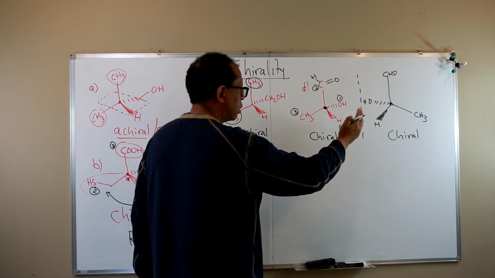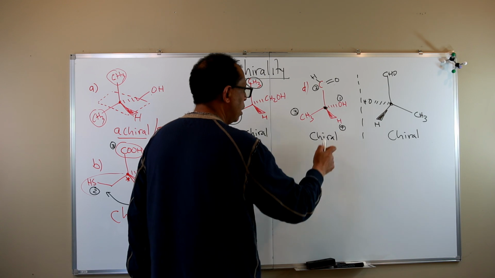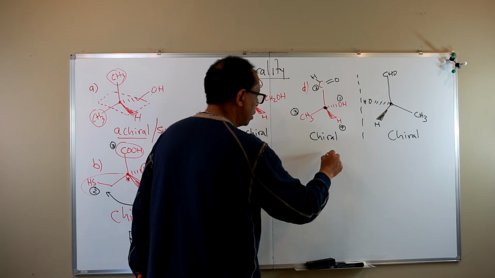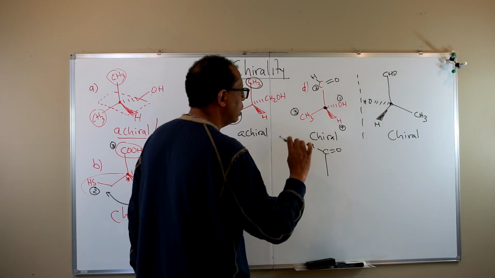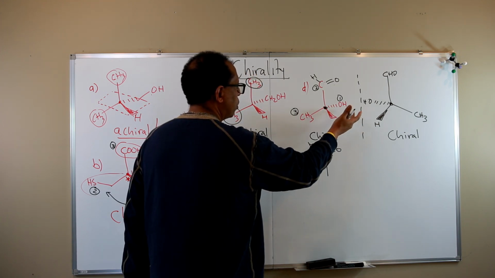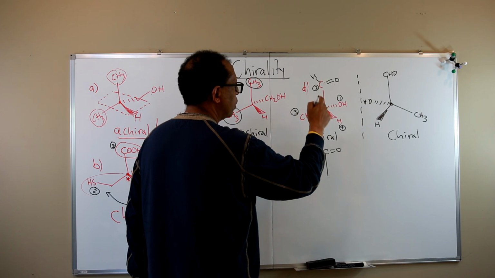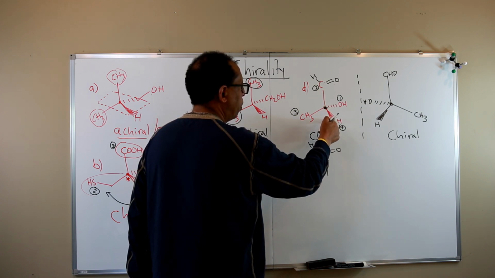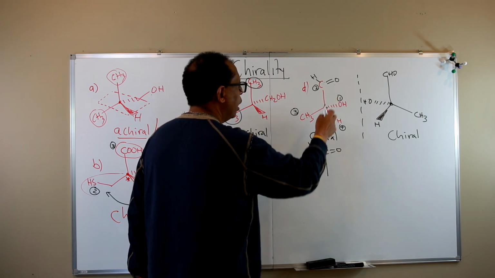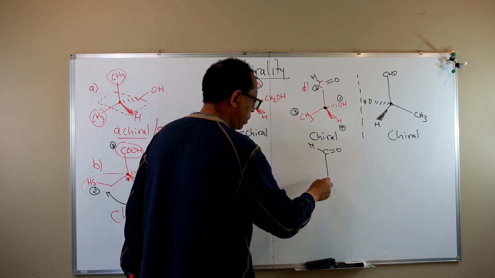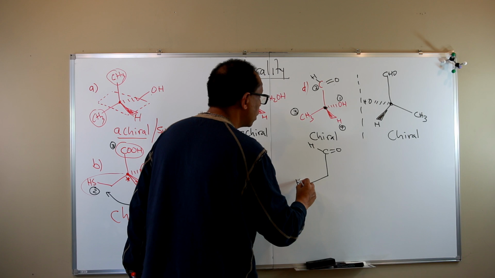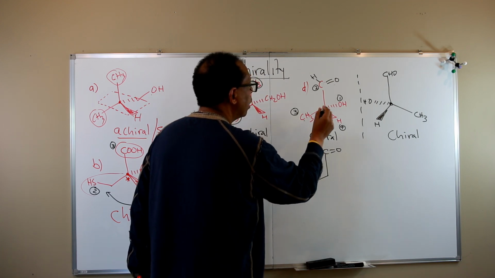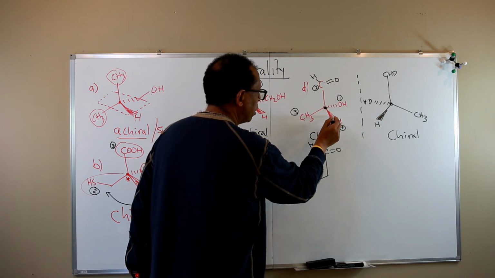So if I just rotate it to the right, I will draw this CHO. This is just rotation. So if I rotate this way, this would go back, and the OH comes here, and the CH3 replaces this.